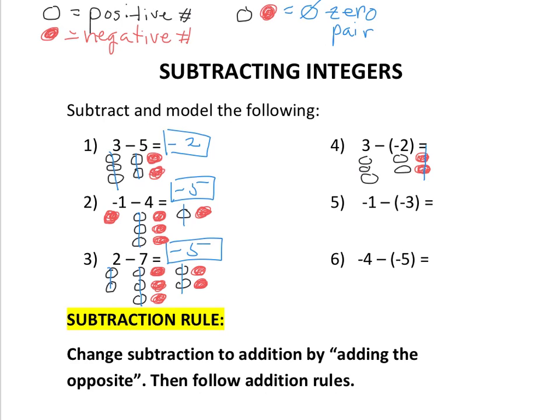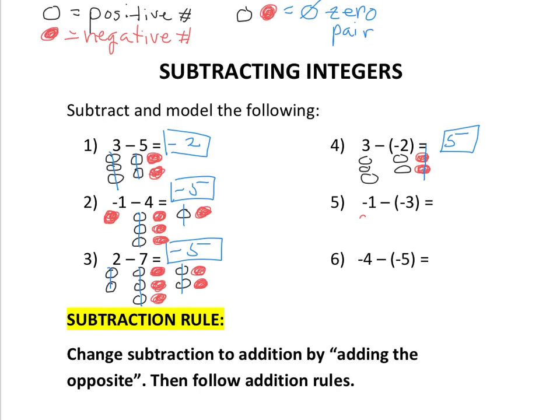So our answer to 3 minus a -2 is a +5. This problem is most commonly answered in error by saying that the answer is 1. And so if you use counters, you can clearly see that nope, the answer is not 1. It's actually a +5.